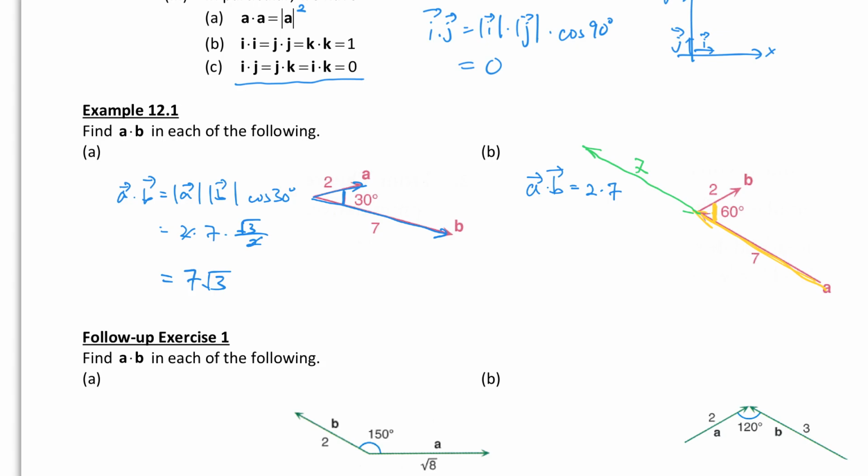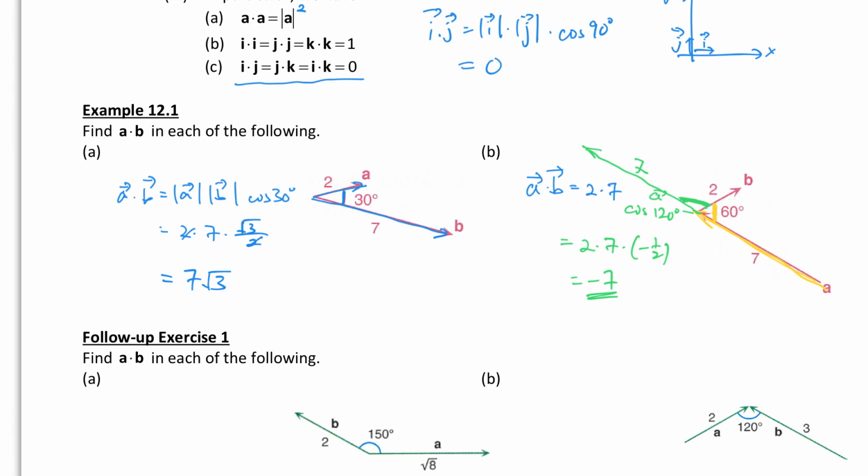So the angle between A and B is equal to this angle rather than 60. That means this is cosine 120 degrees, which is equal to negative 1 over 2. 2 times 7 times negative 1 over 2 is equal to negative 7.